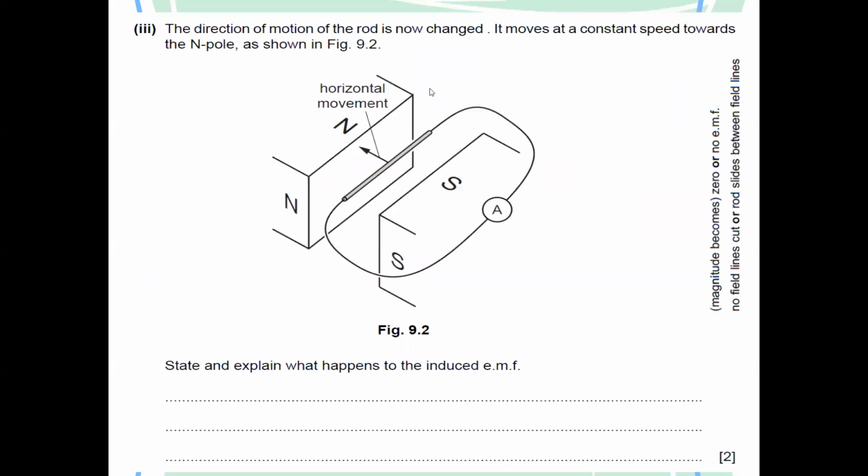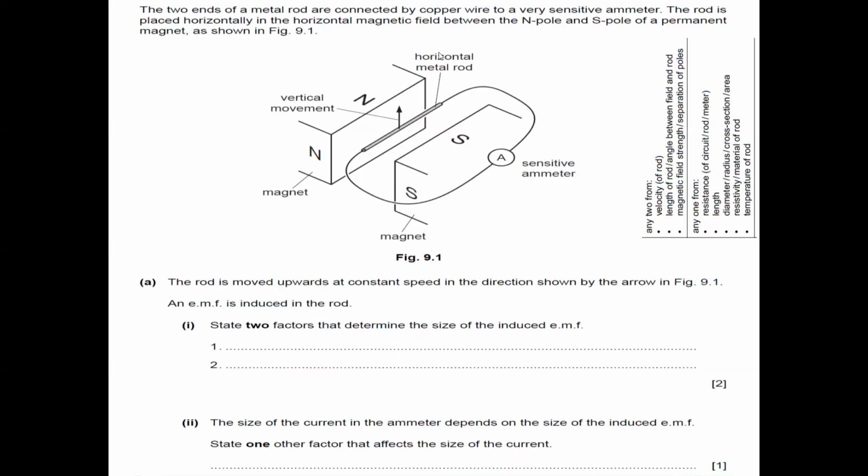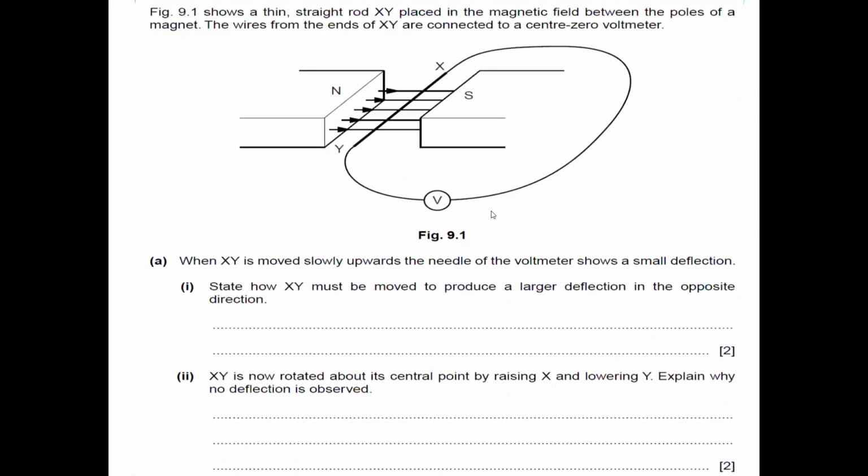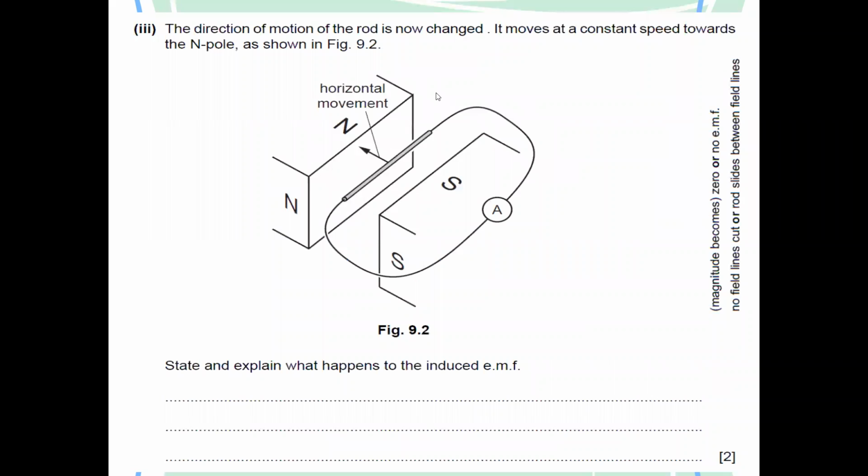Now in this one, the direction of motion of the rod is changed. In the previous figure, we were moving it upward, but now we are moving sideways towards right or left. So what happened? Look, between the magnetic poles there is a constant magnetic field.